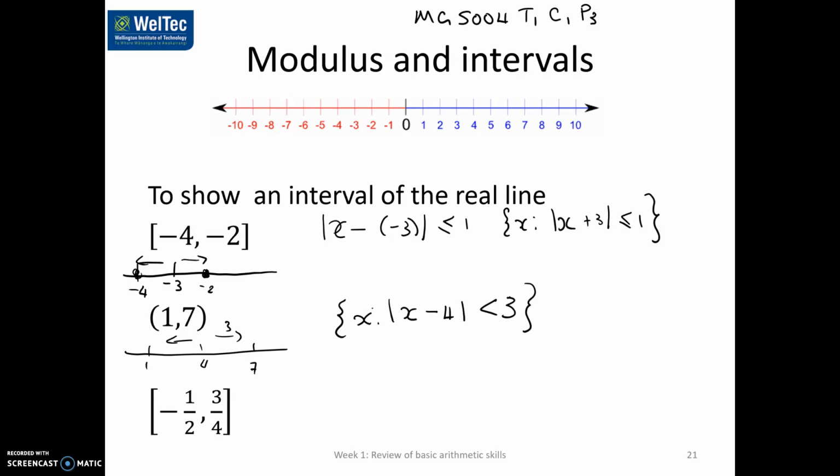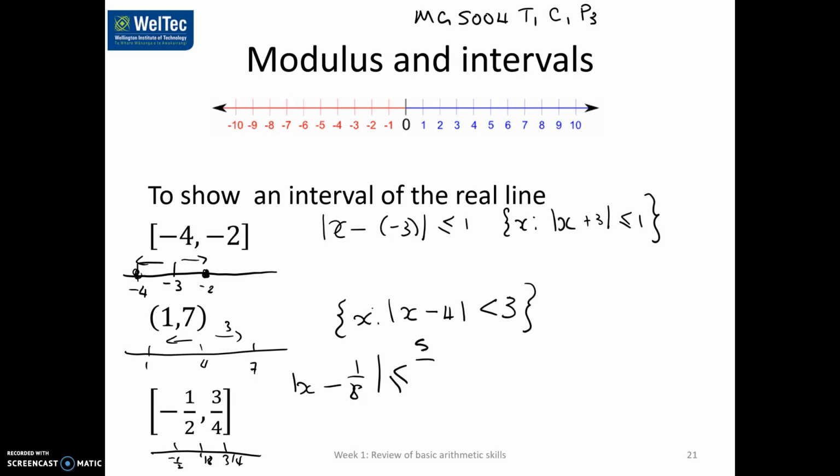Now the next one, what we've got is the middle of these two. What's the middle of -1/2 and 3/4? 1/8. So 1/8 must be in the middle of -1/2 and 3/4. So we could write that then, that x minus 1/8 is less than or equal to, now what's the difference between 1/8 and 3/4?